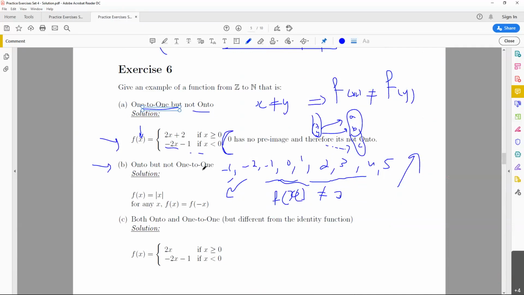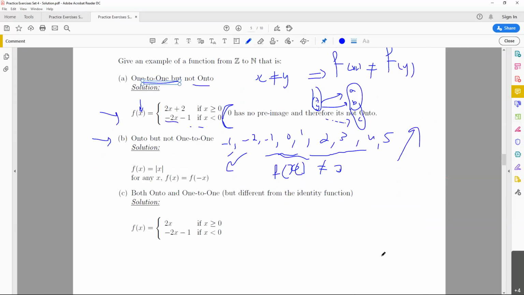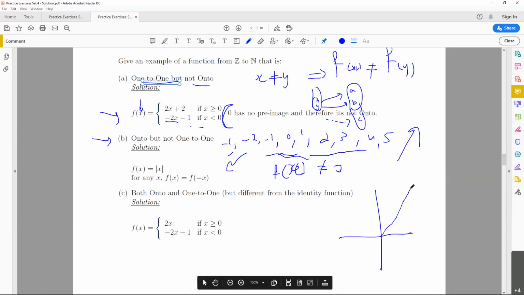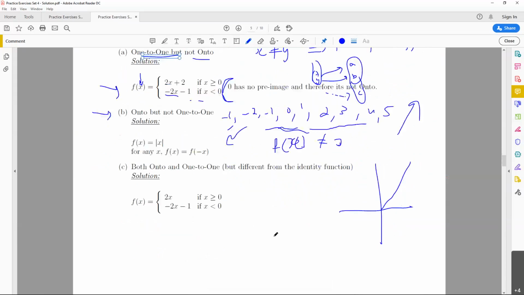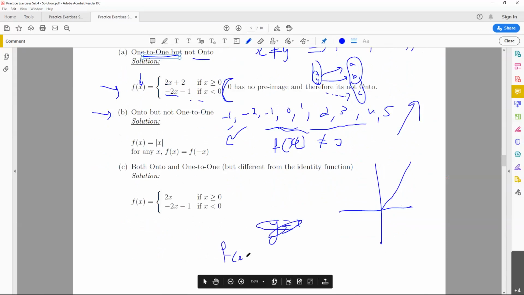Onto, but not 1 to 1. So they're saying f of x equals the absolute value of x. So this is just kind of like a V. Usually, if you didn't have an absolute value, so if the function f of x was just x, it'd be like your main bisector, or whatever this is called, the main division in this graph.